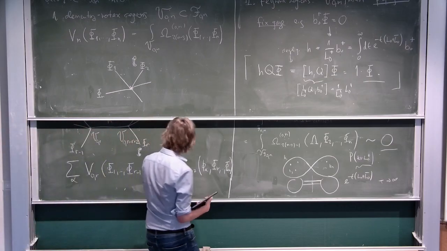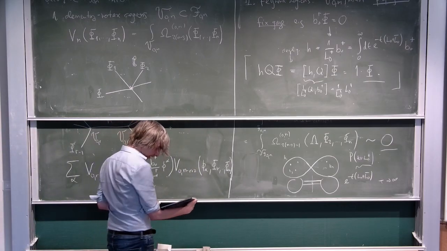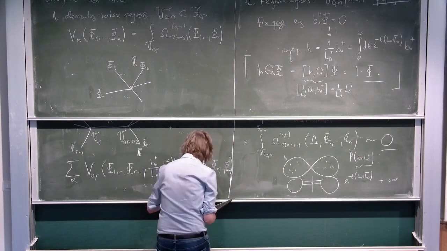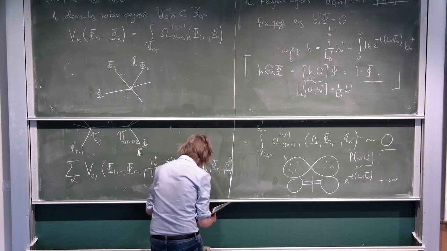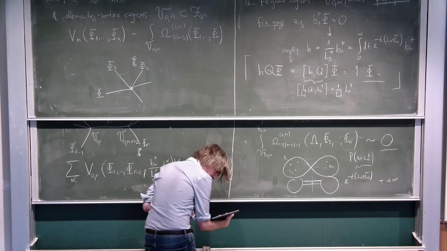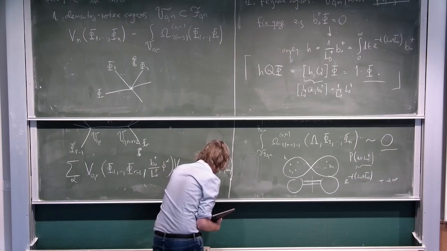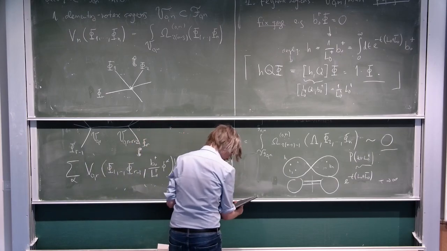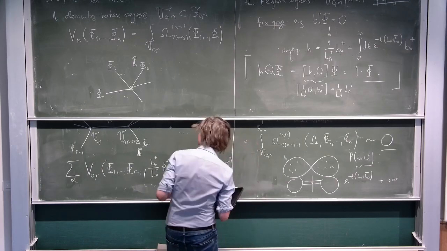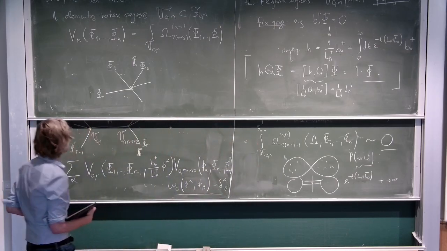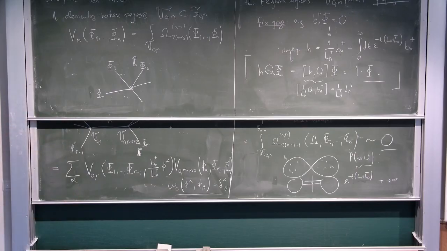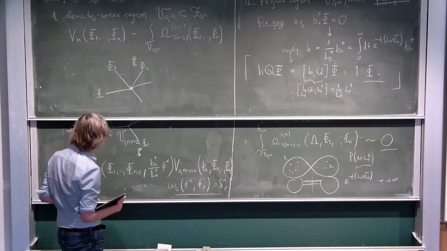These basis states phi alpha are chosen to be orthonormal, just for the sake of completeness, with respect to the symplectic form, with respect to this non-degenerate bilinear form omega, which is given by the action. So this is how this particular diagram would be evaluated using the vertices of the action.